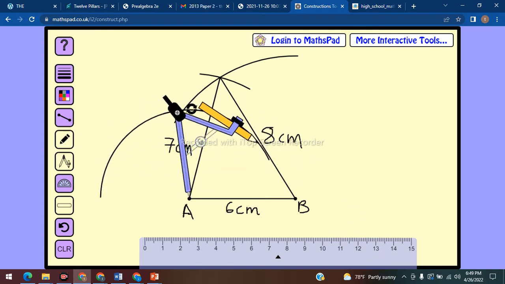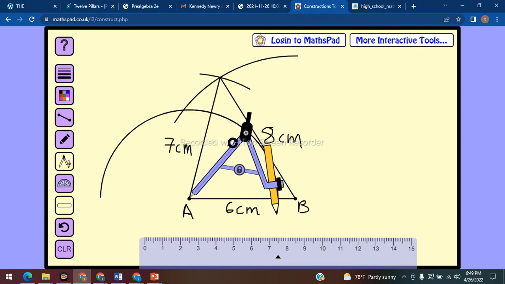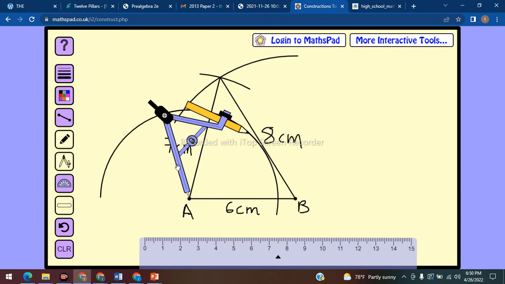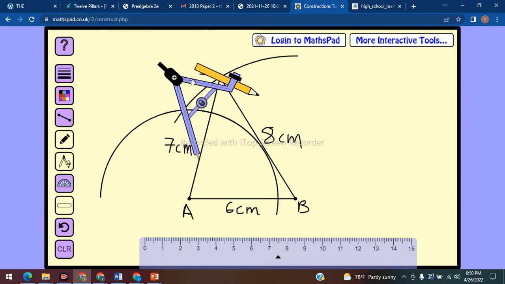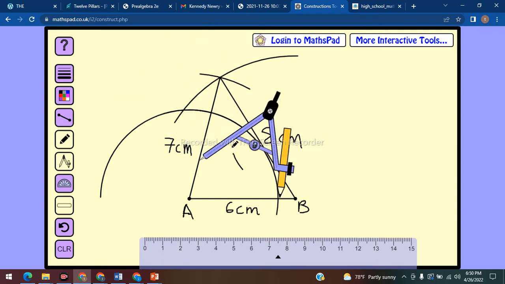Still locked in. Okay, that's the arc that we draw. Then we go to the next point. Oh my goodness, what did I do?